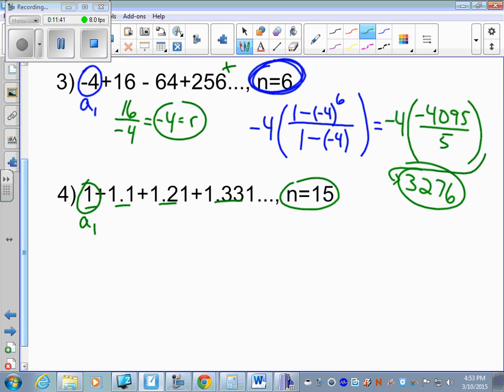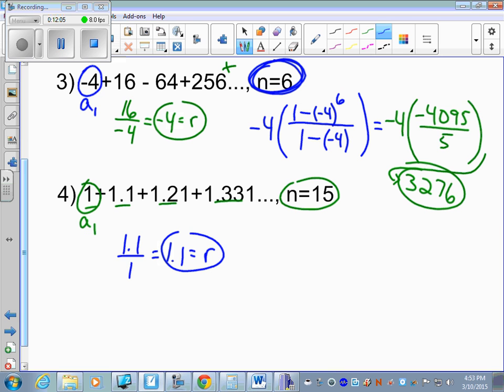Just do the second term divided by first. To check if it's an actual geometric series, you should do the third term divided by second or fourth divided by third. But if you already know it's a geometric series, which is assumed here, just do the second term divided by first. So the common ratio is 1.1.